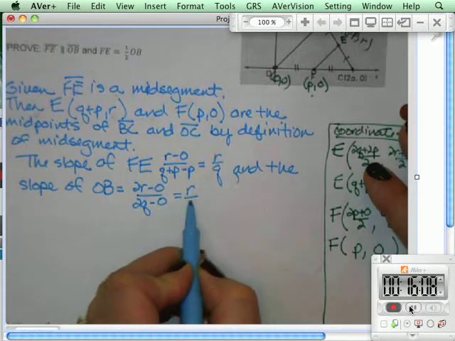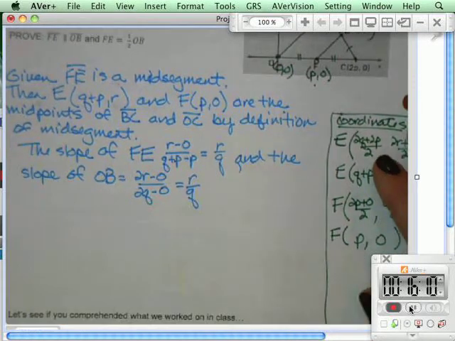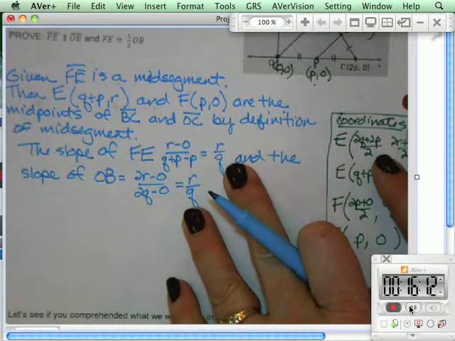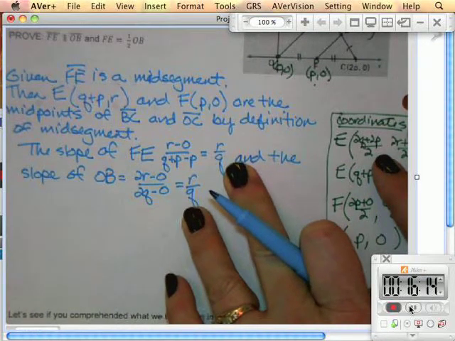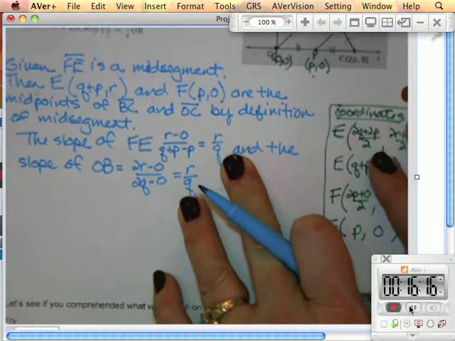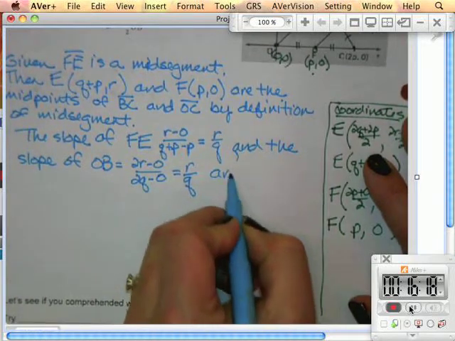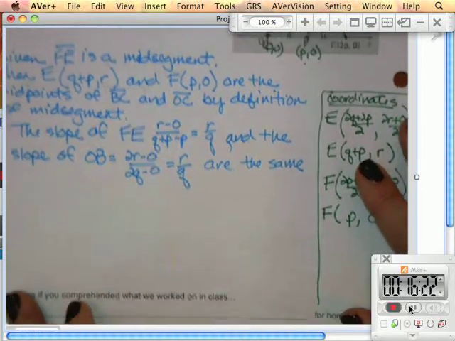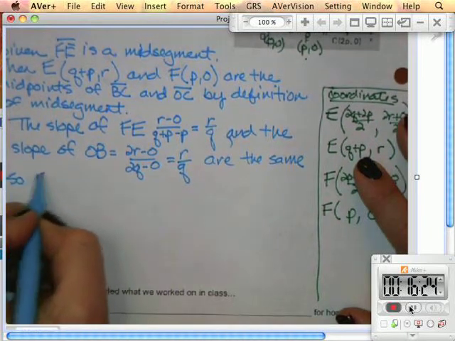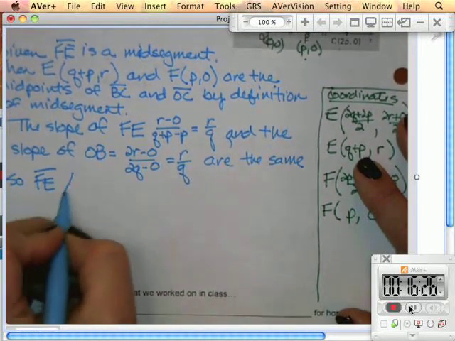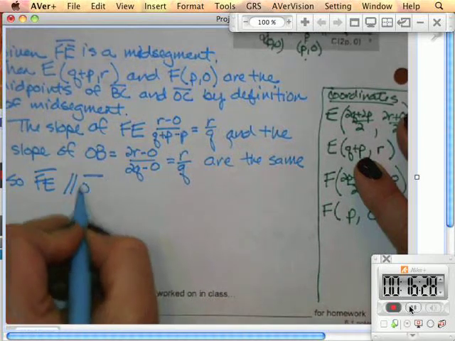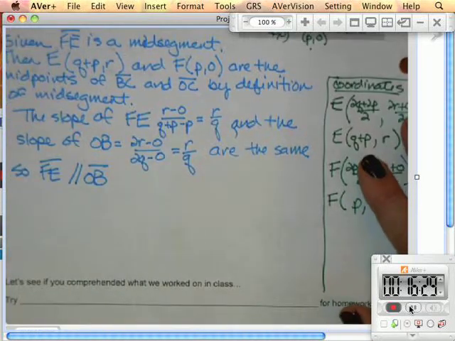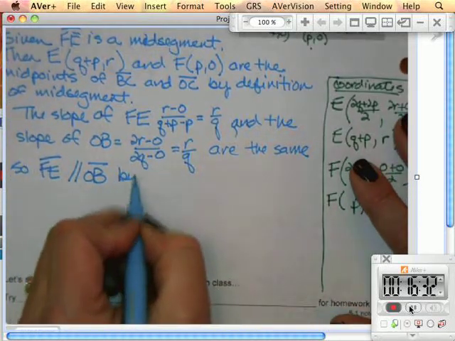Oh, isn't that nifty? What do you notice about their slopes? Which means they are what? Okie dokie. Are the same. So FE is parallel to OB by definition of parallel lines.